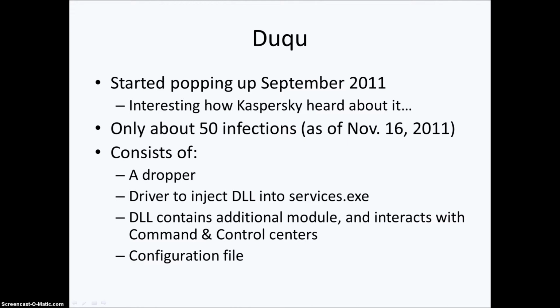He took an MD5 hash of the file, posted it, and he said, I'm looking for friends or foes of this MD5 because I want to know more about it and what it does. So stuff just kind of took off from there. Like I mentioned earlier, there were only about 50 reported infections of Duqu, at least as of November 16, 2011.